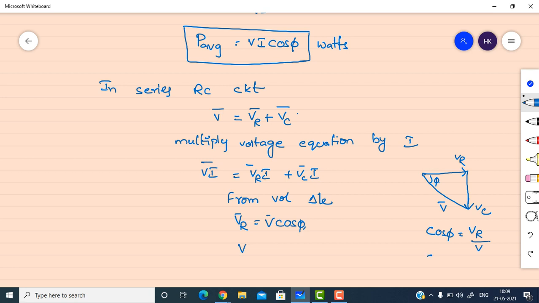In the same way, if you write sin phi for this right angle triangle, sin phi is equal to VC by V. Then from this, VC is equal to V sin phi. Substitute these two in the above equation.